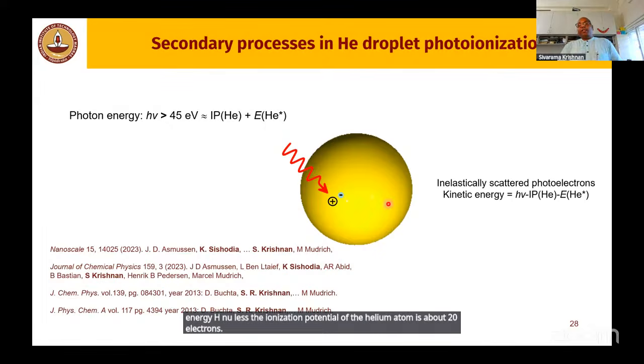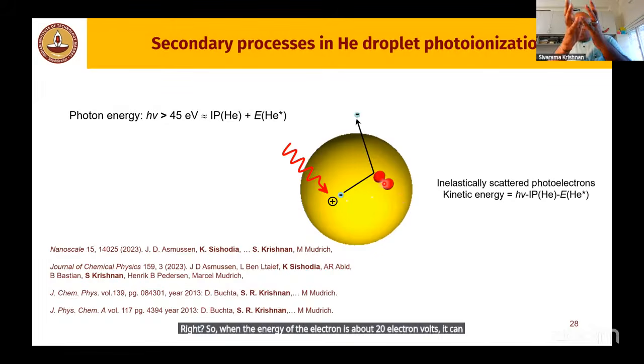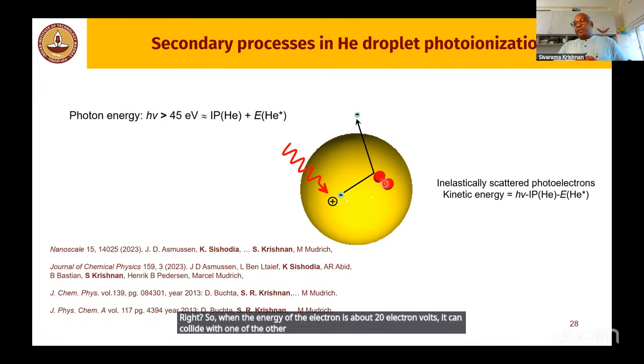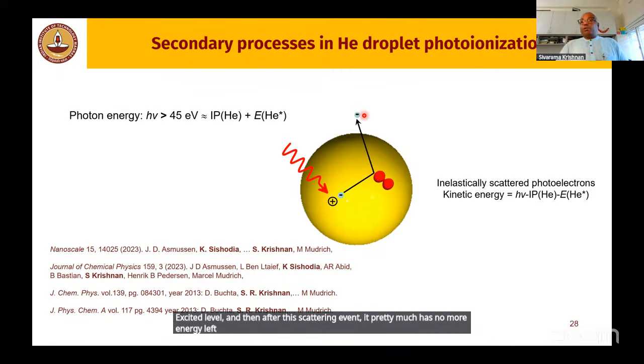When the energy of the electron is about 20 electron volts, it can collide with one of the other helium atoms in this community of clustered helium atoms and excite it from the n equal to 1 to the n equal to 2 excited level. After this scattering event, it has no more energy left to give to any of the atoms, and it will eventually come out of the droplet.